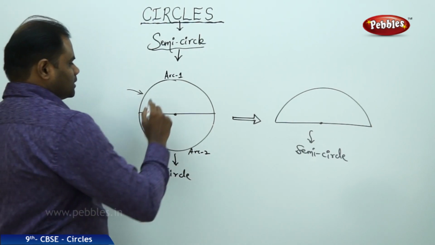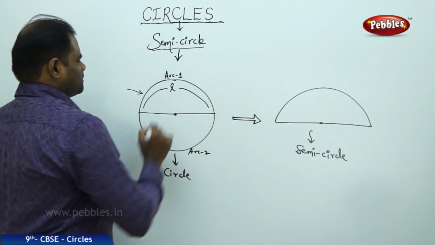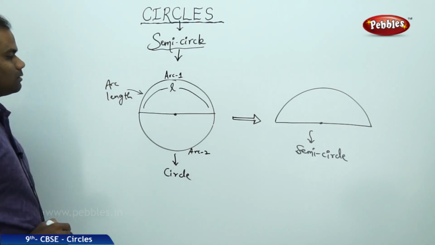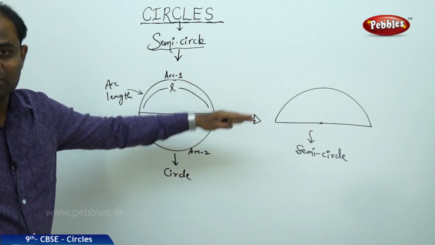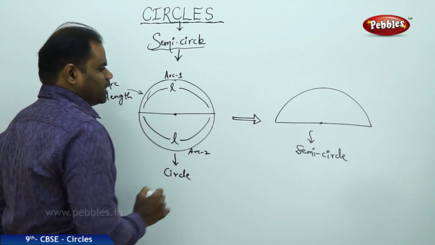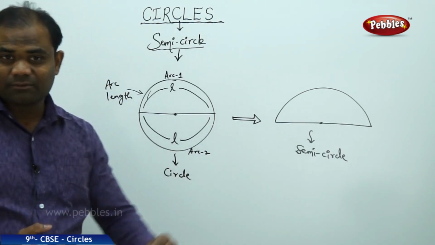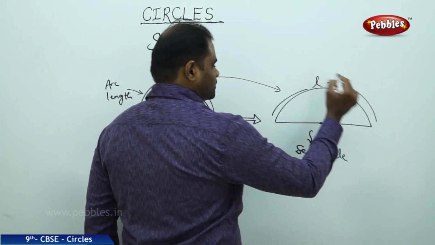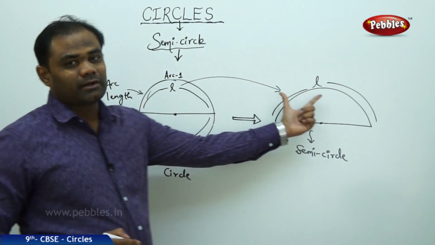So let me say the length of this arc is L. Then because the first arc is equal to the second arc in the diameter passing through the circle, therefore the length of arc being L also makes this to be L. And as we have seen, a semicircle is nothing but exactly half of the circle, so this length must be equal to this length. So clearly we see that each of the arc lengths are equal.